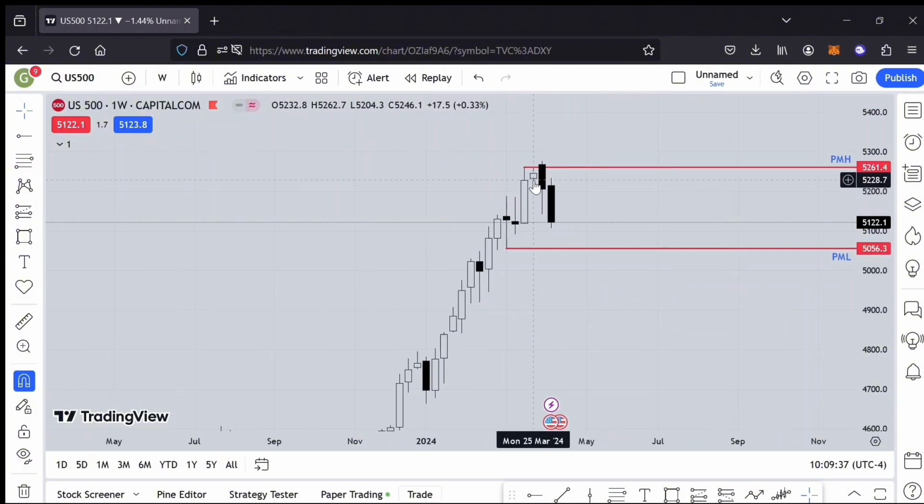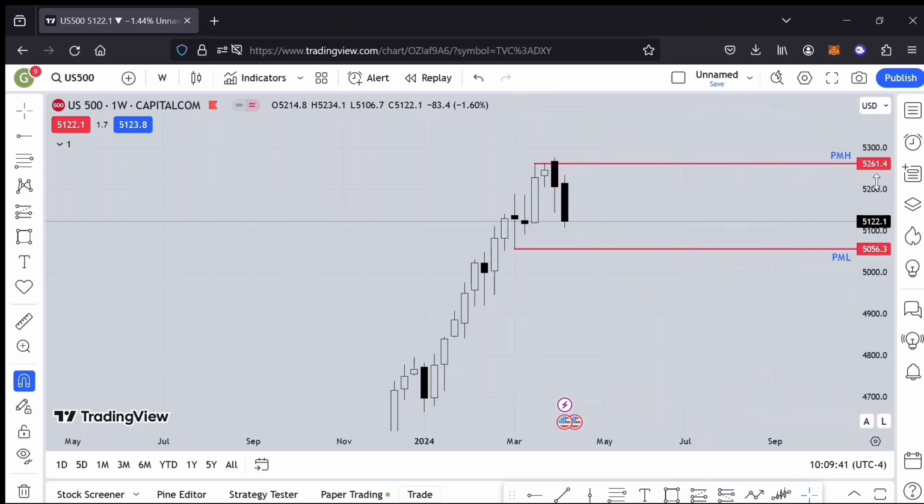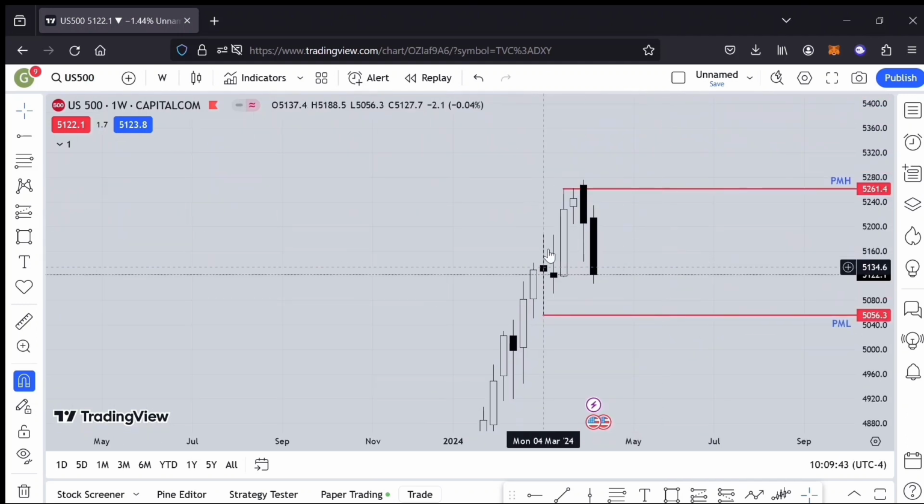So going into the second week of April, we expected price to trade below this fair value gap, which was created on the week of March 18th.